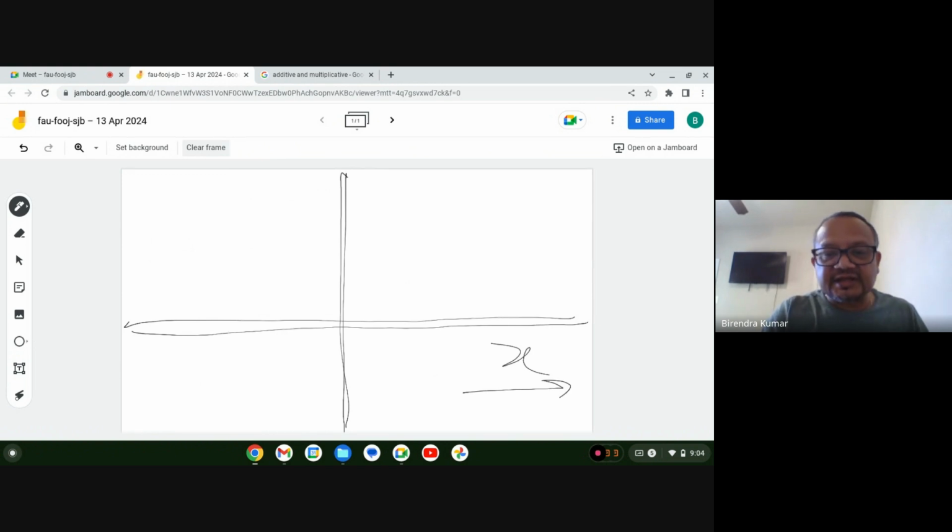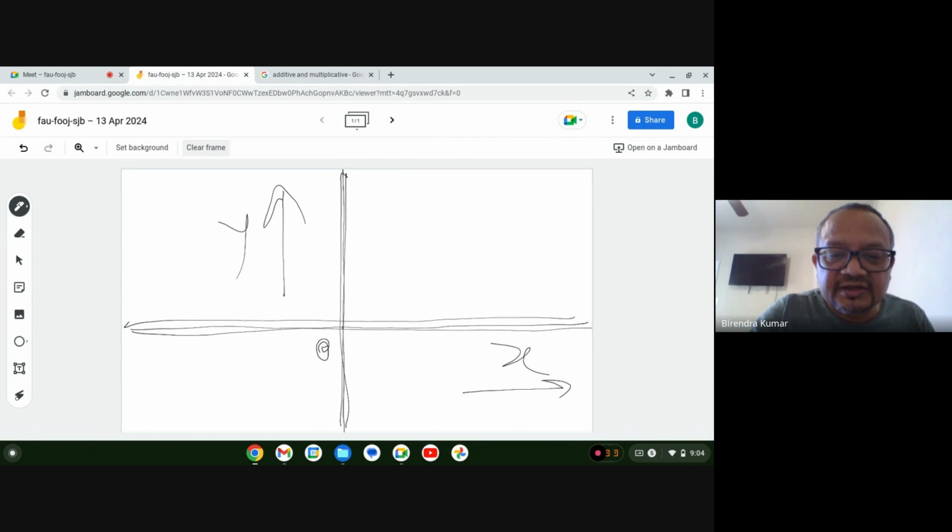This direction as the x-axis, this direction as the y-axis. Any surface. You can simply draw it on the floor also. The horizontal one is my x-axis, the vertical one is my y-axis. Now with respect to this, this is your center.